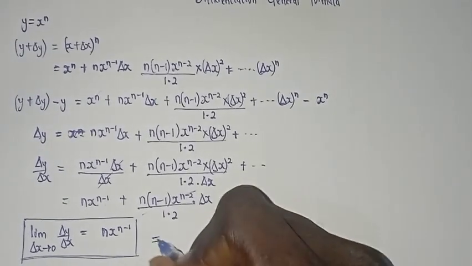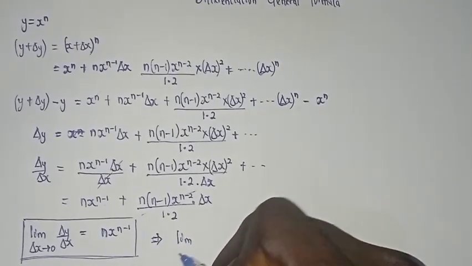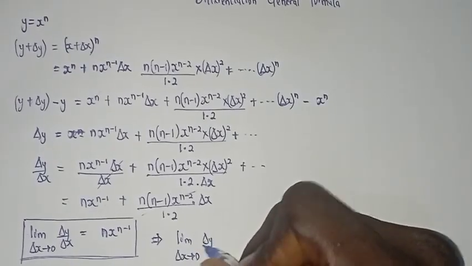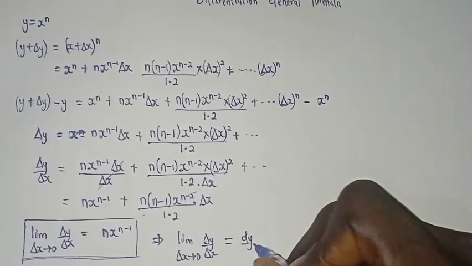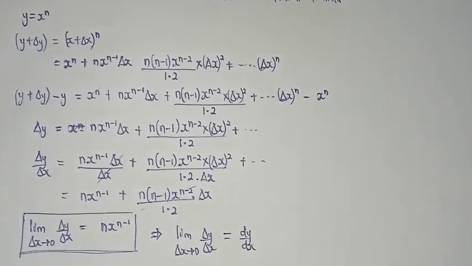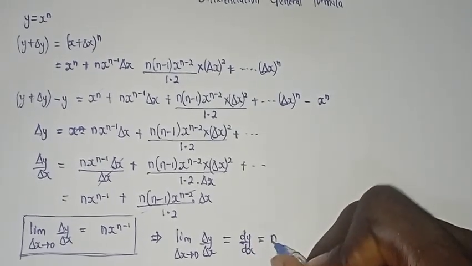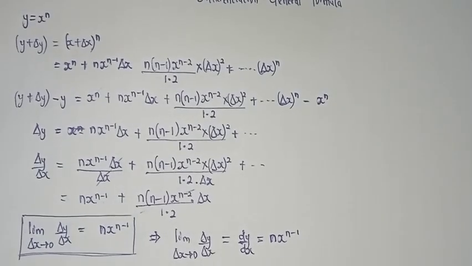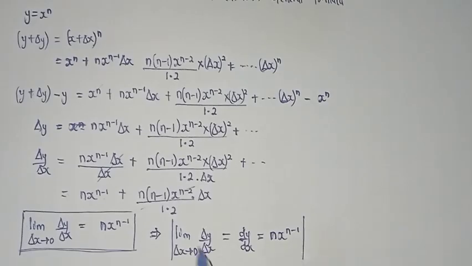Now this is also equal to, right, limit as delta x tends to 0 of delta y over delta x is also equal to dy over dx, right? So we can say that dy over dx is equal to n x^(n-1) in this case, right? So this is our general formula for differentiation.